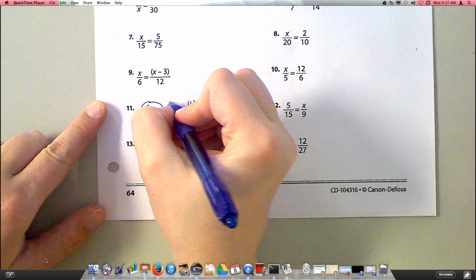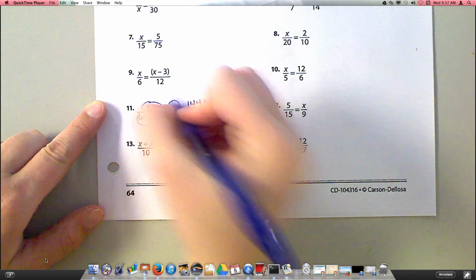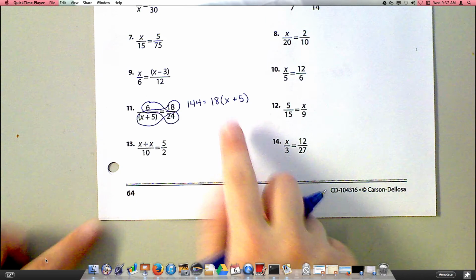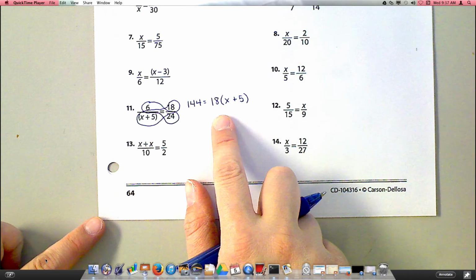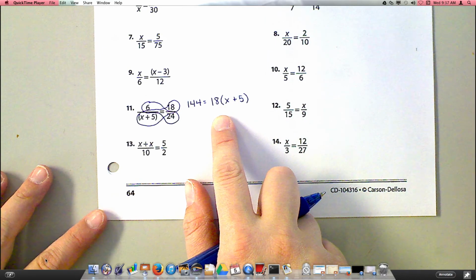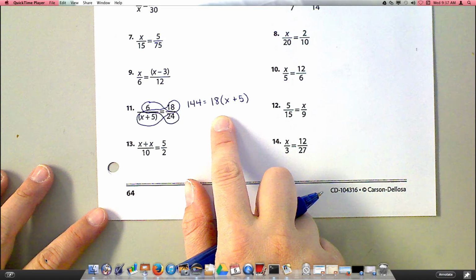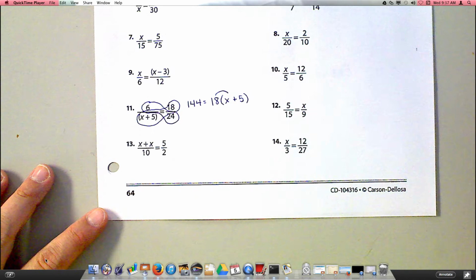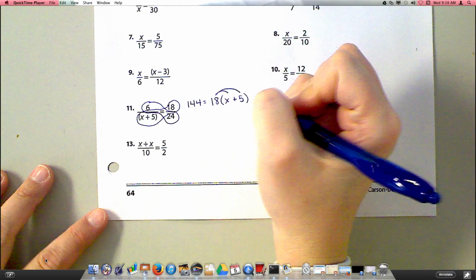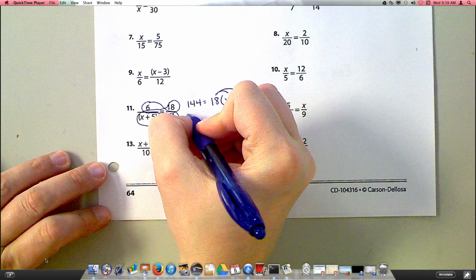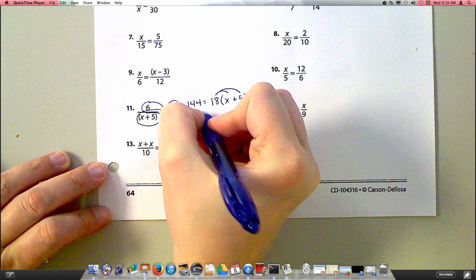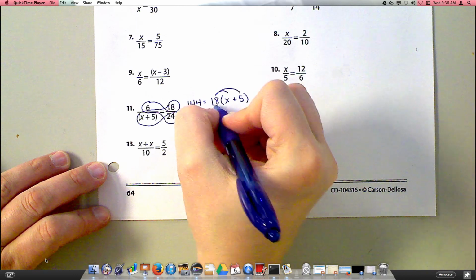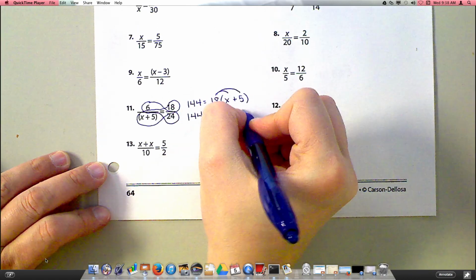Okay, so I'm still writing these two multiplied by each other. But now how do I deal with this? Ben, what do you want to do first here? Do 18 times x, which is 18x. Okay, and then 18 times 5 is, I have no idea. 90. Yep, thank you. So 144 equals 18x, and then 18 times 5 is 90.